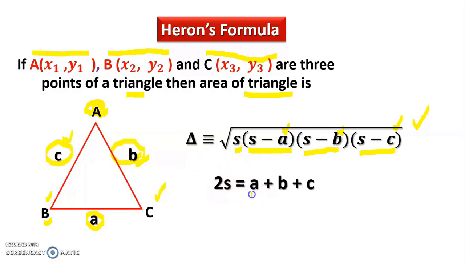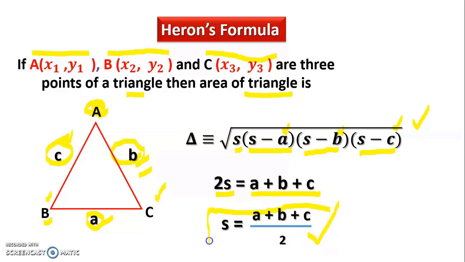What is the perimeter? The sum of all the sides, a plus b plus c. That is the perimeter, equal to 2S. From this we can find the value of S, that is a plus b plus c by 2.